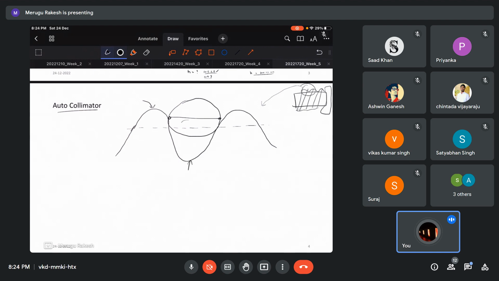If I have a smaller one, it might contact somewhere else. So there will be one size which will exactly contact the pitch circle points. That is the best wire size.